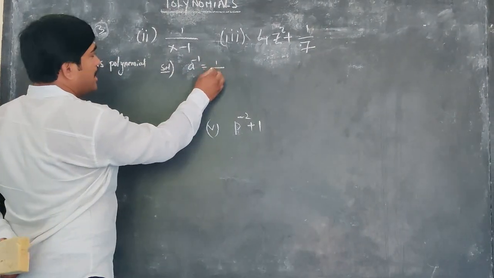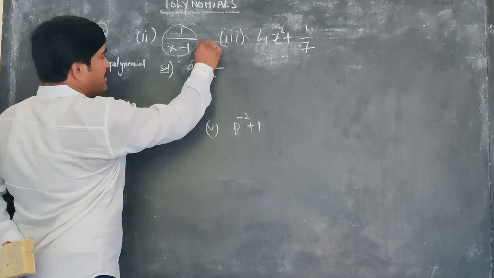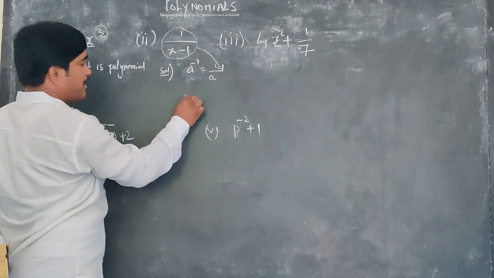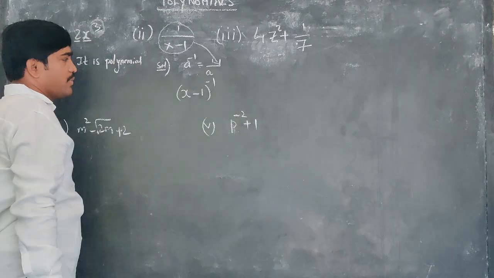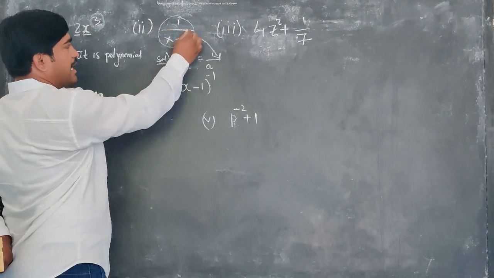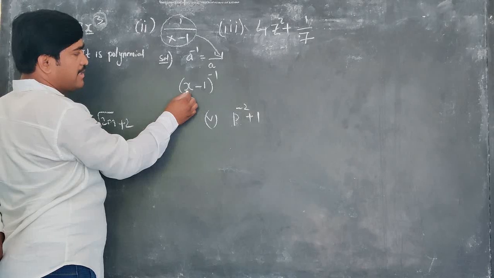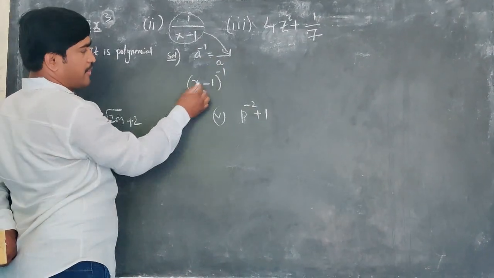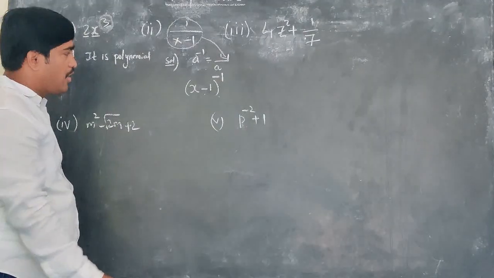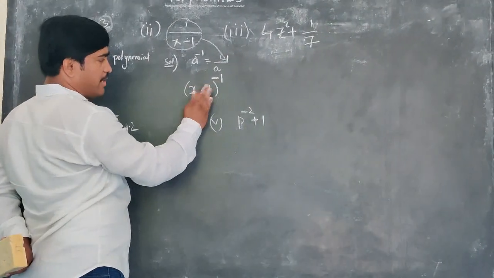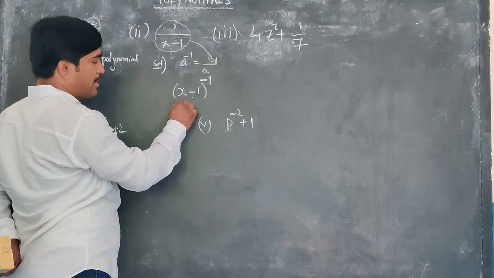By using this, the given problem is in this form. Now what can I write in general? x minus 1 whole power minus 1. This 1 by x minus 1 will be written using this formula as x minus 1 whole power minus 1. If I elaborate this, it is nothing but x power minus 1.